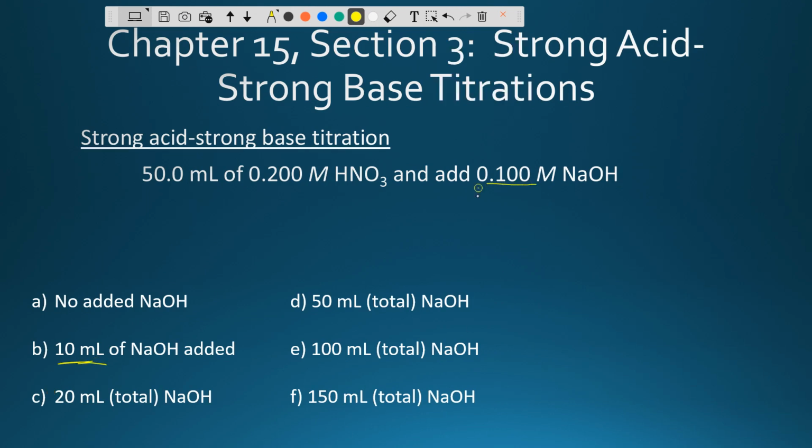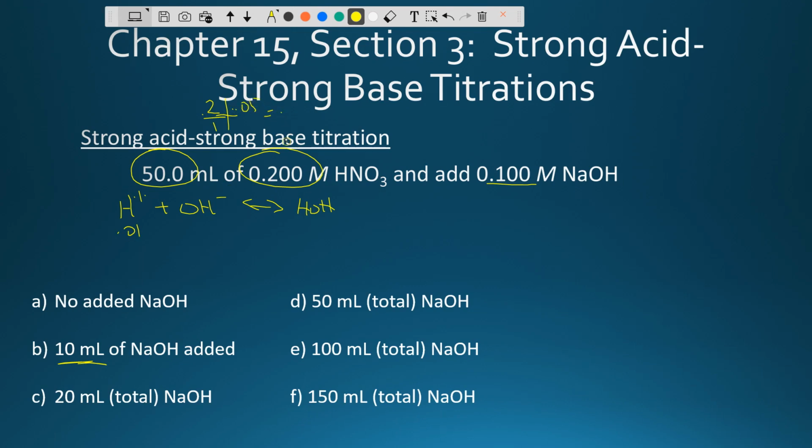Now remember, my sodium hydroxide is 0.1 molar to begin with. And so my net ionic is going to be making my water. I started with 0.01 moles of hydrogen ion. How I got that was 50 milliliters of my 0.2, so 0.2 over 1, and I multiply that by 0.05.